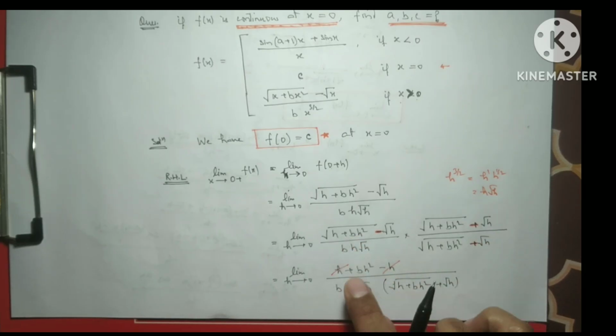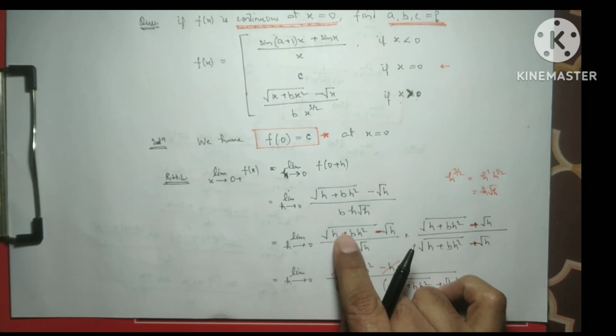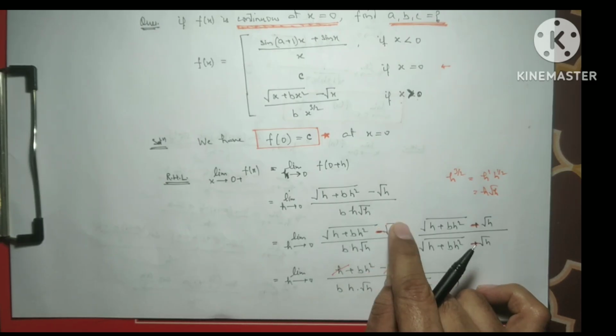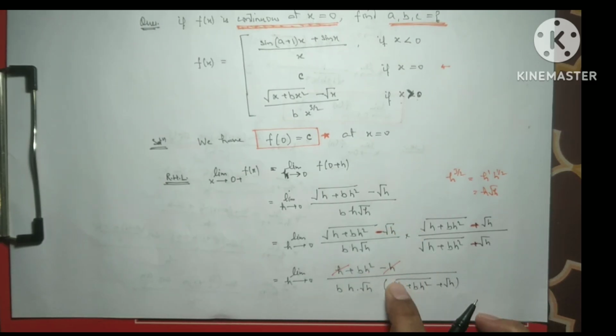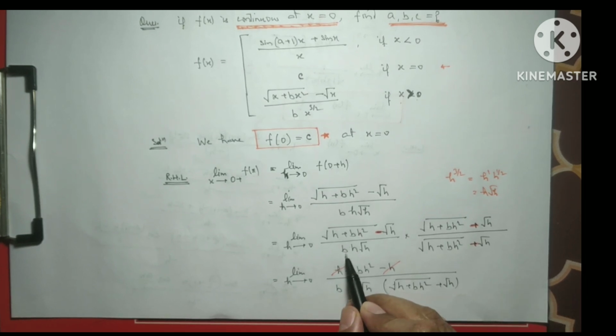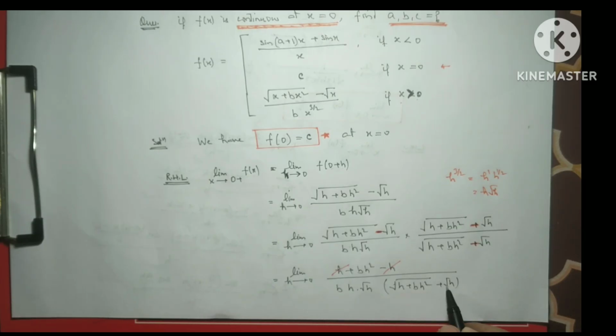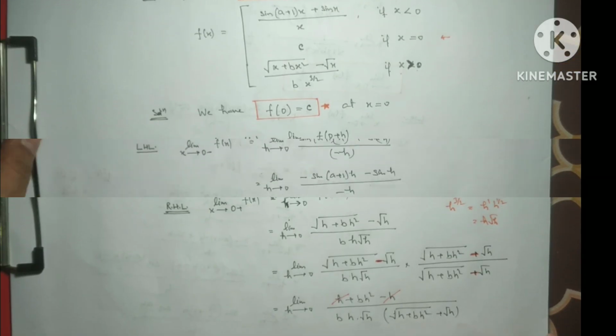So it is h plus bh root whole square, so we get h plus bh square, and root h whole square is h, and h cancels out, and there is bh under root h, and in this part we can take root h as a common factor.